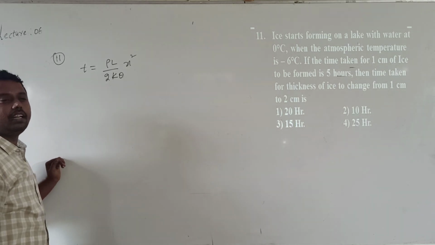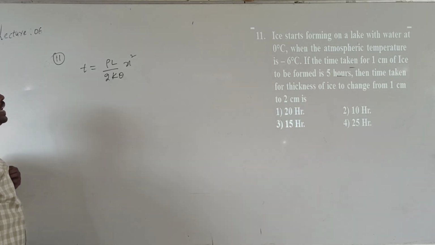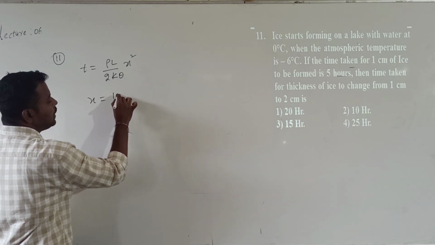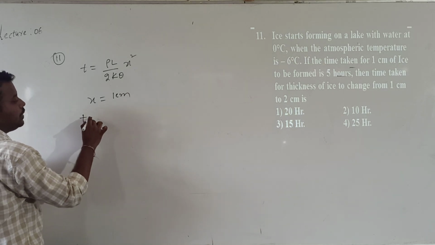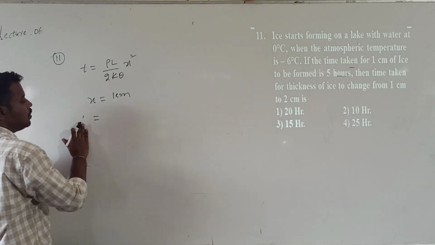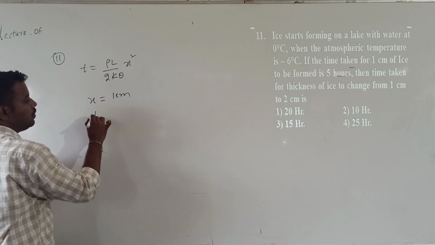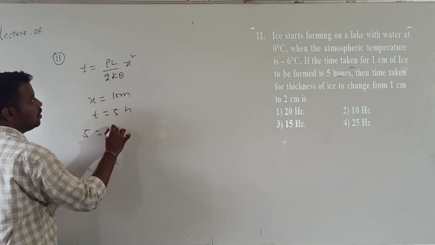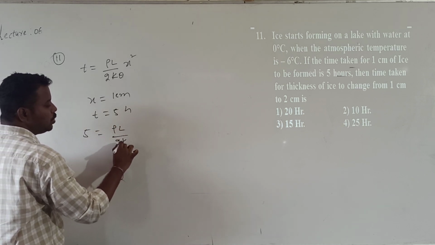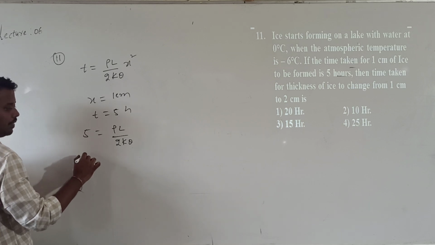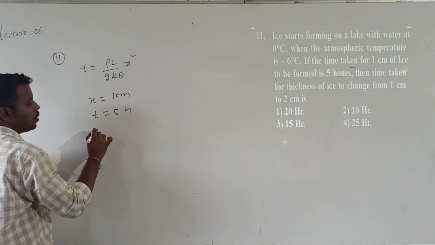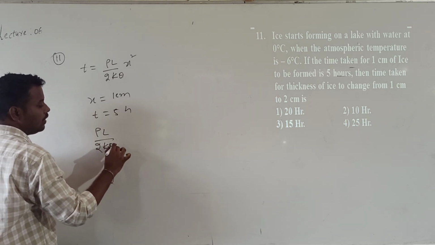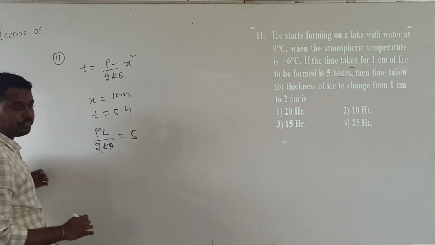Initially x value is given as 1 centimeter. When x is equal to 1 centimeter, time is 5 hours. So rho into L by 2 into K into theta will become 5 hours.